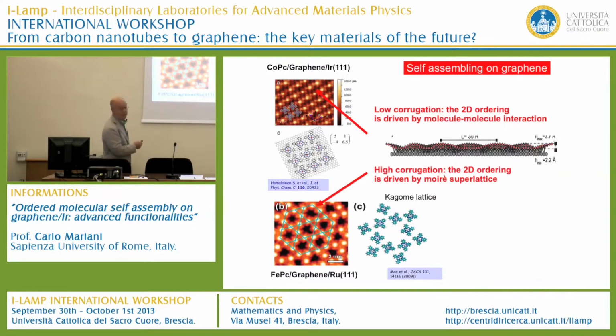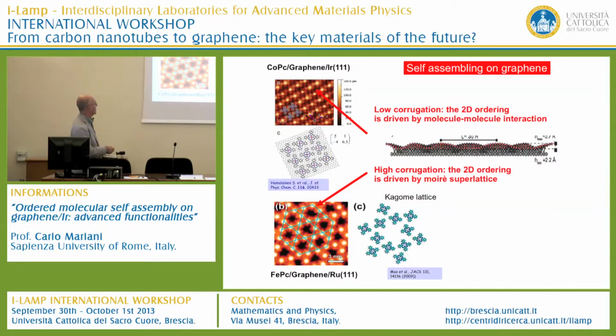In fact, I don't show them here because I don't have time, but there are density functional theory calculations performed by the group in Trieste, Stefano Fabris and co-workers, and they show that the natural configuration of a single chain of phthalocyanine is this kind of configuration, where you have a line of molecules with the sides at a small angle between each other due to the better overlap of the hydrogen atoms. So this configuration is basically driven by the molecules, and the role of the moiré is a minor role.